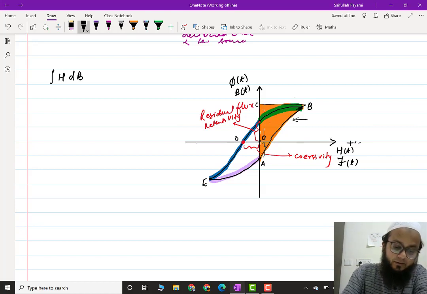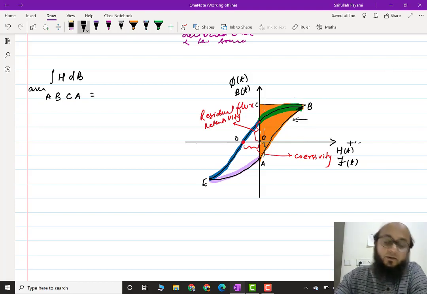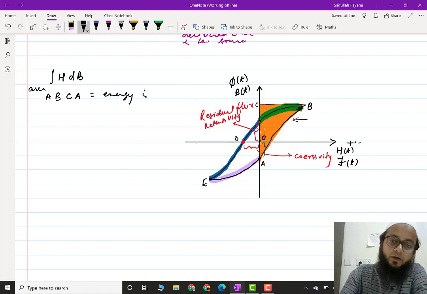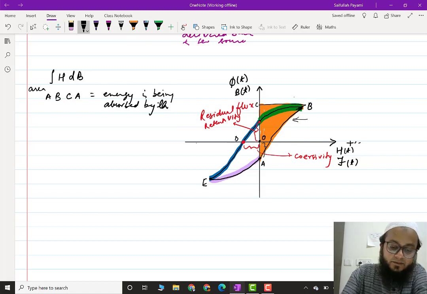So the area A, B, C, and again A is the energy per unit volume being absorbed by the system.